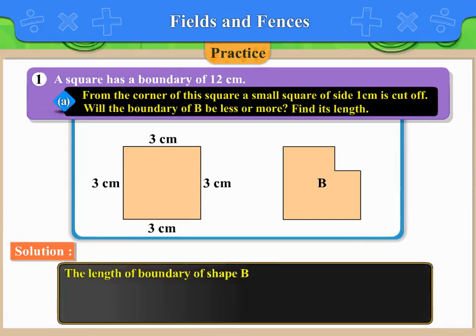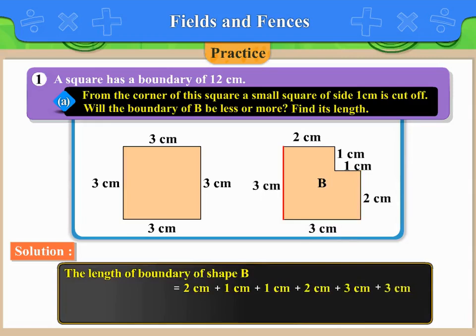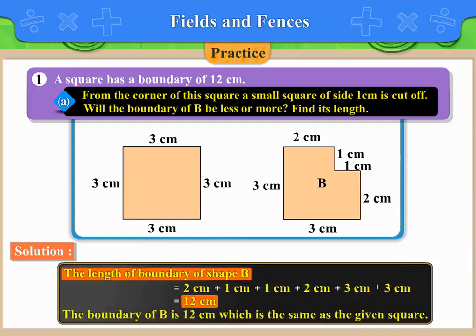The length of boundary of shape B is equal to 2 centimeter plus 1 centimeter plus 1 centimeter plus 2 centimeter plus 3 centimeter plus 3 centimeter, which is equal to 12 centimeter. The boundary of B is 12 centimeter, which is the same as the given square.